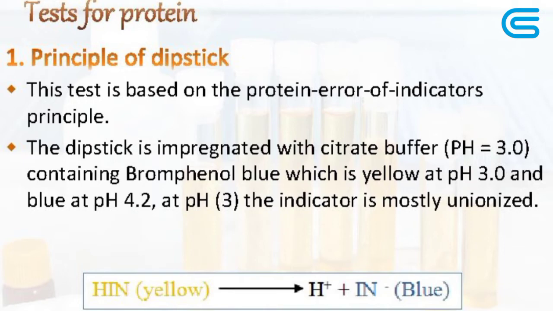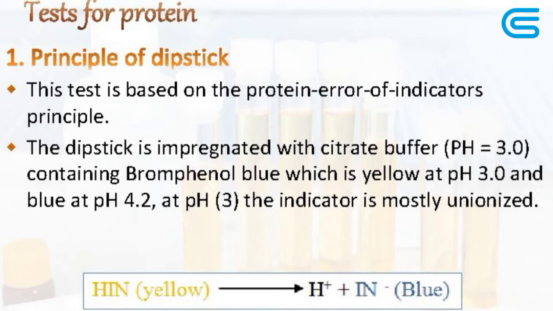So the bromophenol coated strip, when dipped in the urine, changes color, which indicates the presence of proteins in urine, and it is compared with the color chart provided for semi-quantitative grading.